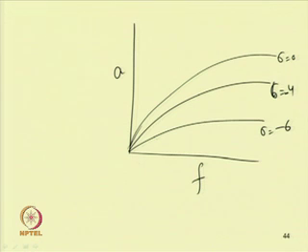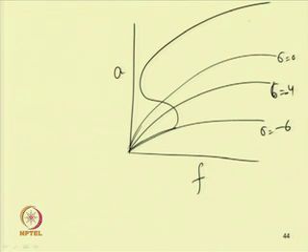For +6 the response curve will look like this. It will follow this path, and this is for sigma equal to +6, and for sigma equal to +4 the curve will follow some path like this.